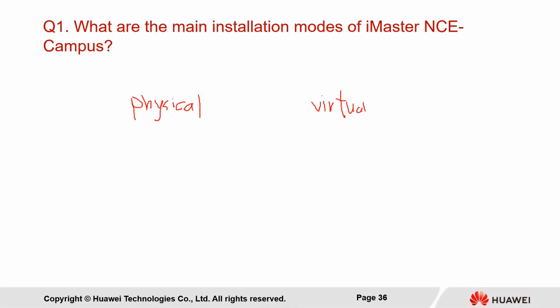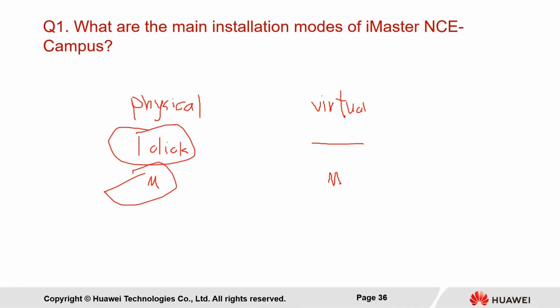For physical, you can do 1 click, or you can do manual, and there's no 1 click for virtual. So there are 3 main modes for iMaster NCE-Campus installation. For physical machine, there's 1 click and manual. For virtual machine, there's manual.